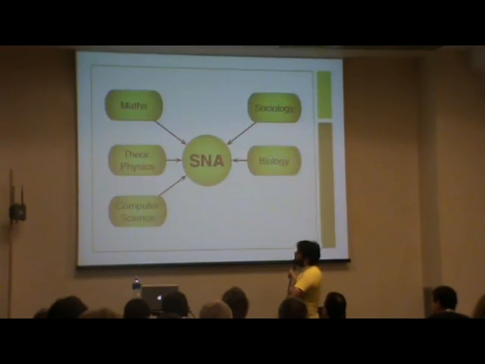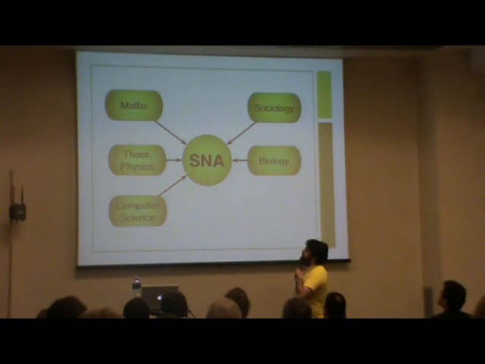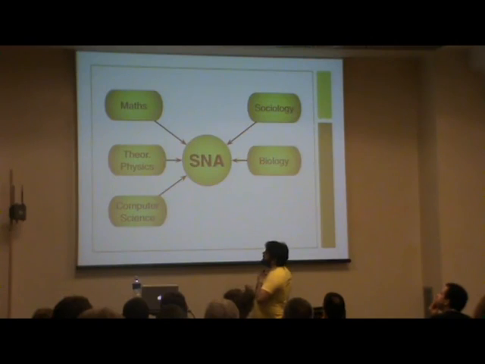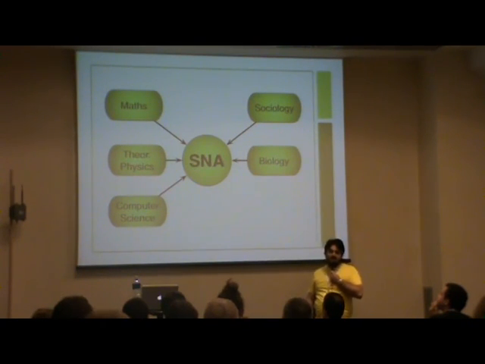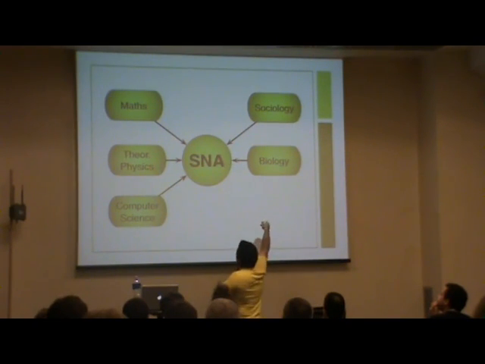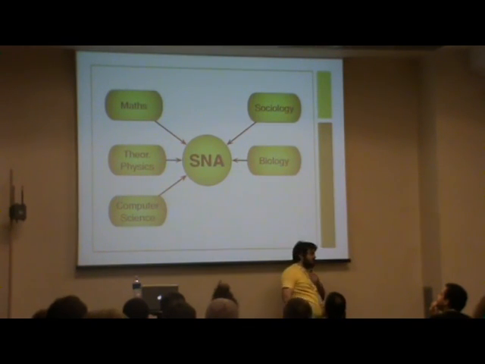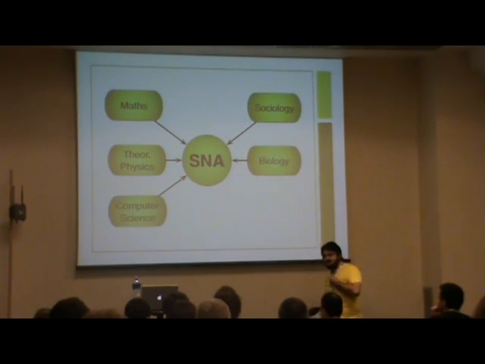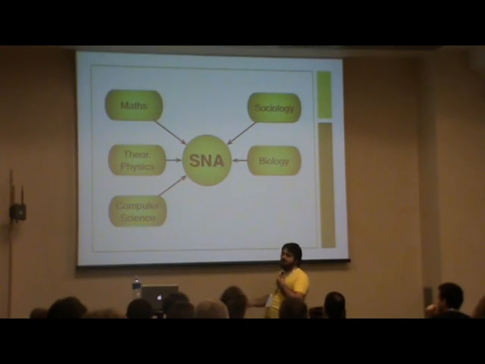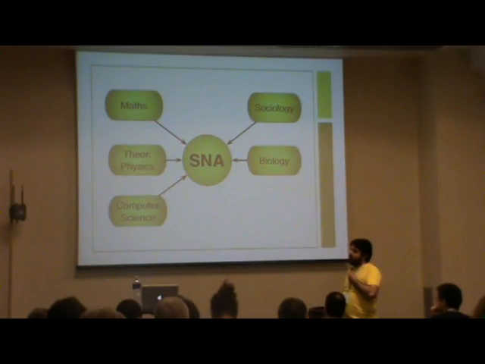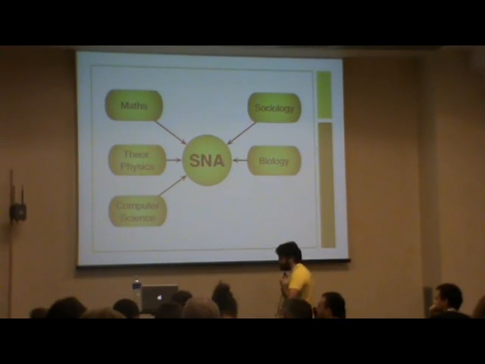It's a huge branch, and it has been developed by people from completely different areas. So we have mathematicians, theoretical physicists, computer scientists, and people from sociology, of course, but also biologists. They don't do social networks, they do complex networks, but many techniques that have been developed to study technological, biological networks, whatever, can be used for social networks as well.